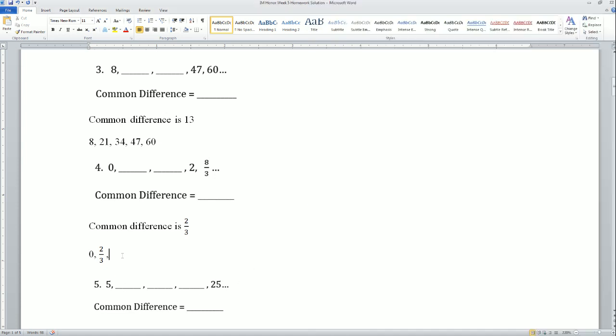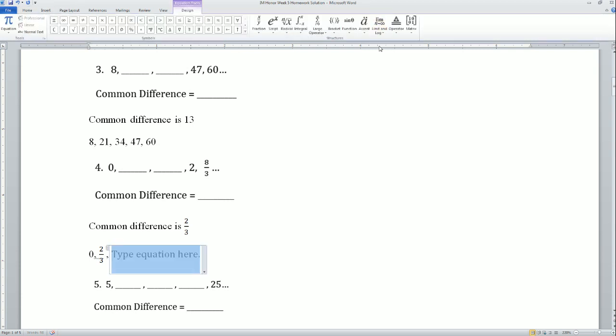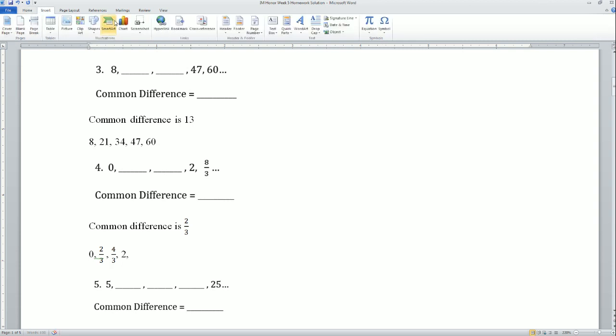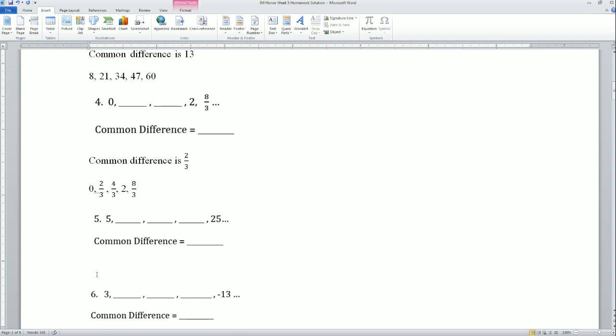So the next one should have been 4/3. After 4/3, you're adding another 2/3, so the next one should be 2. Then after that, the next one is going to be 8/3. Good.